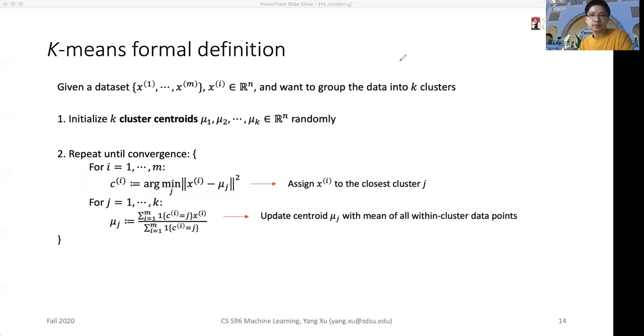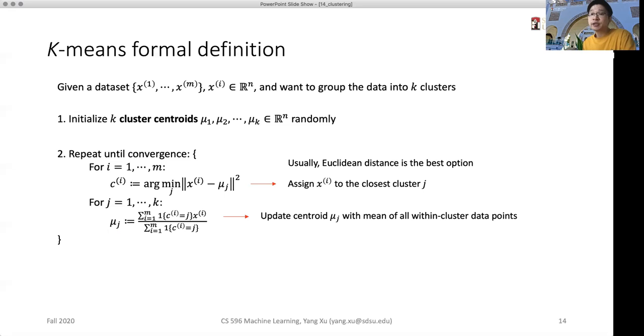So yeah, these mathematical expressions or formulas are just a fancier way to describe the process we have shown in the previous slides. And generally speaking, the Euclidean distance is the most common way to compute the distance.